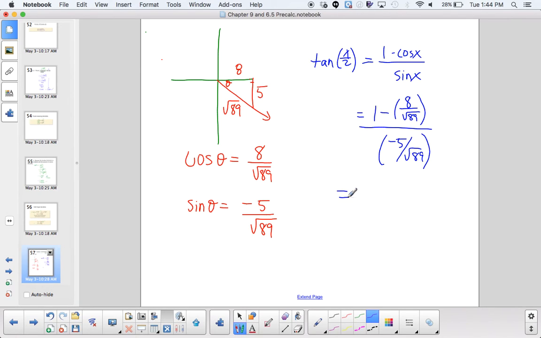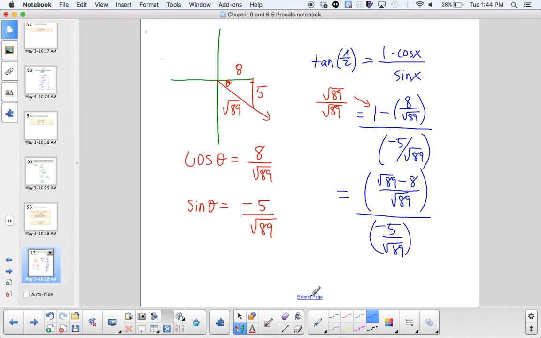Okay, again we need to do operations with fractions, but also we probably need to take that 1 and replace it with root 89 over root 89, another form of 1, so that we have a common denominator, which would give me root 89 minus 8 over the square root of 89 divided by negative 5 over the square root of 89. Okay?